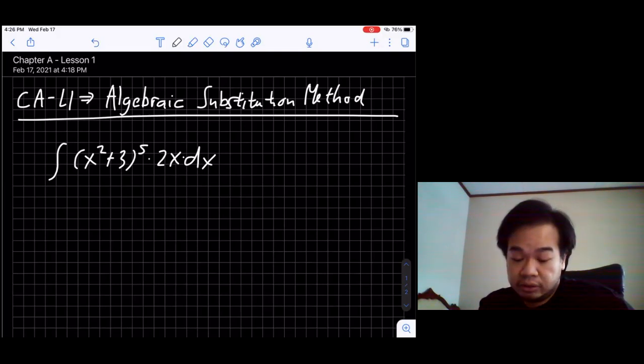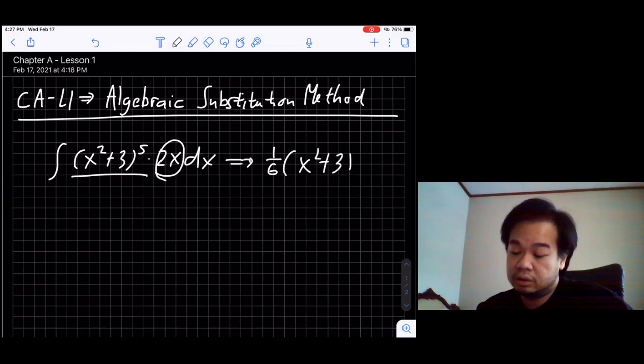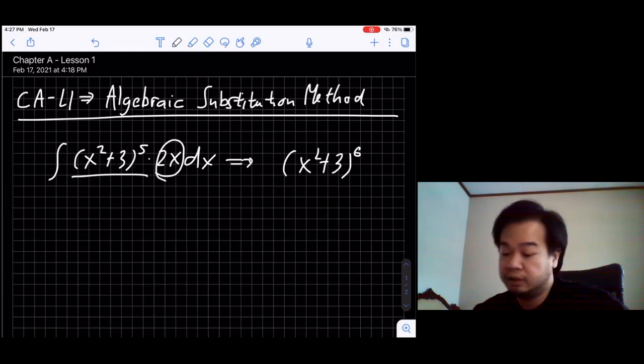So you see that this will be the main function, right? And this is the derivative of the inside function of the integrand. So you should have been able to predict that the integral will come from x squared plus 3 to the power of 6, because the outside function is a power function.